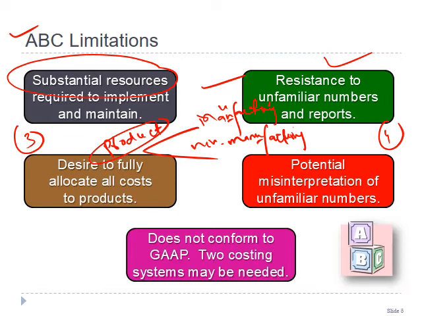So this underscores the importance of having top management support for and cross-functional team involvement with the ABC system implementations, right? The last one is a natural limitation, that it does not conform with the law, generally accepted accounting principles, right?